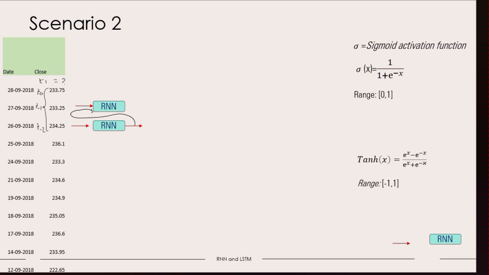So don't confuse them as two neurons, they are the same one neuron considered in two different iterations or loops, and again this will bring some output, and again I will repeat the same thing. The output of this data I will include in the prediction of the next data. This means for the prediction of T1 I will input T0 data as well as the output of T minus 1, and I will get some output.